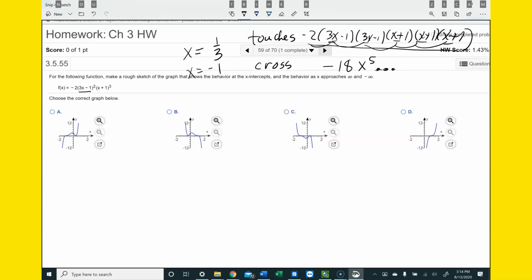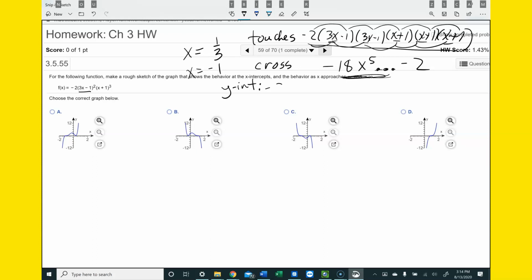Then I'm going to have lots of terms in the middle, but then what am I going to have at the end? Well, let's think about it. That's going to be positive 2, negative 2, negative 2, negative 2, negative 2. So minus 2 here at the end. That means that my y-intercept, if I plug in 0 for x, all the terms until the constant are going to go to 0.